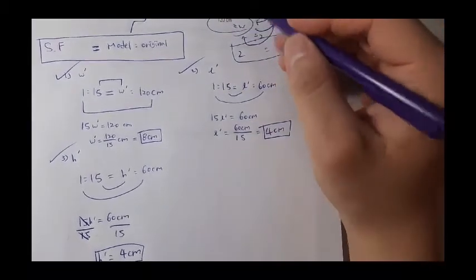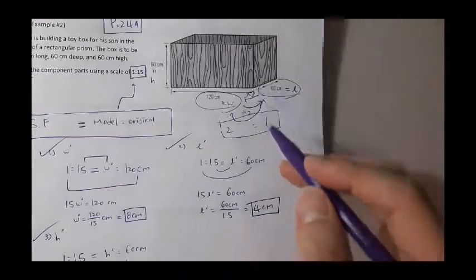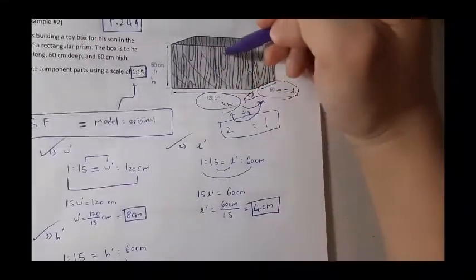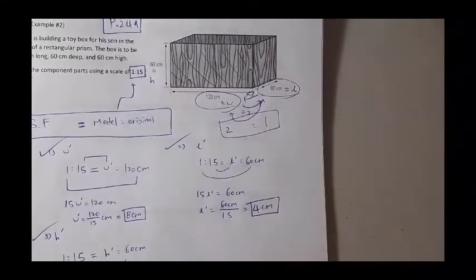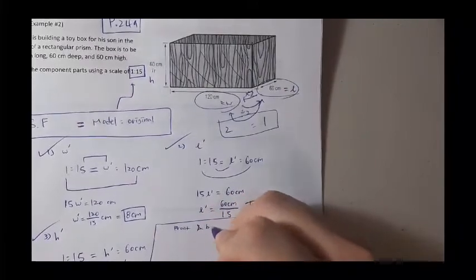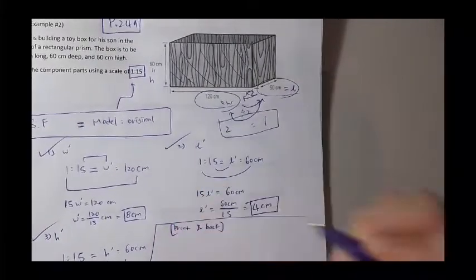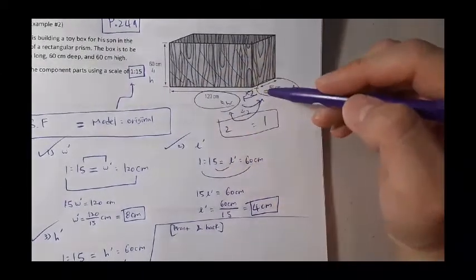When I look at front and back, I need to draw the front side view. That's what I need to put for front and back. So I can draw front and back as new height and new width, which is 4 centimeter and 8 centimeter.